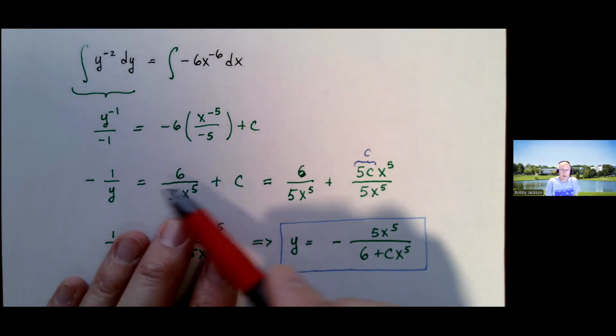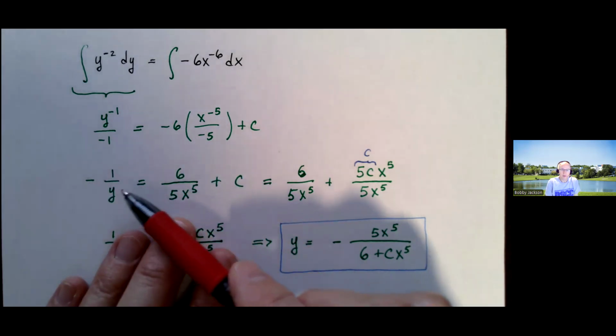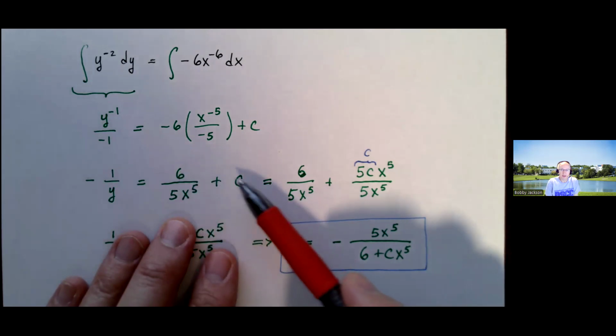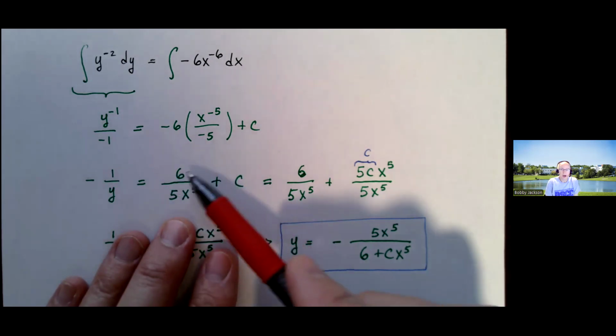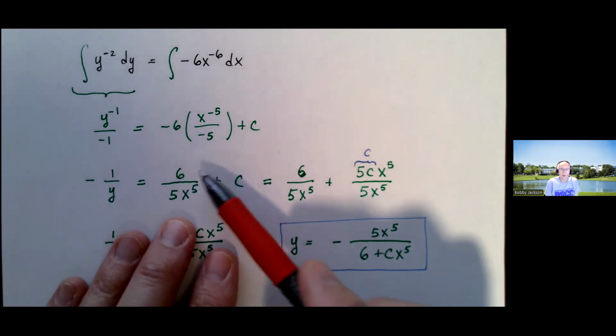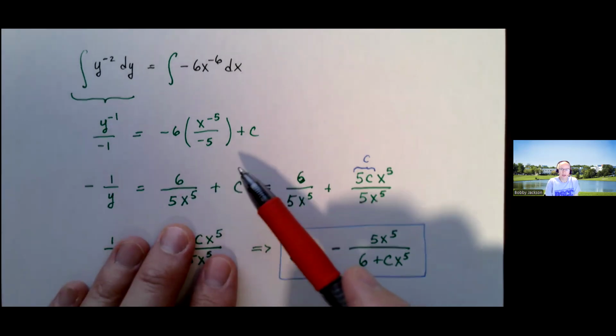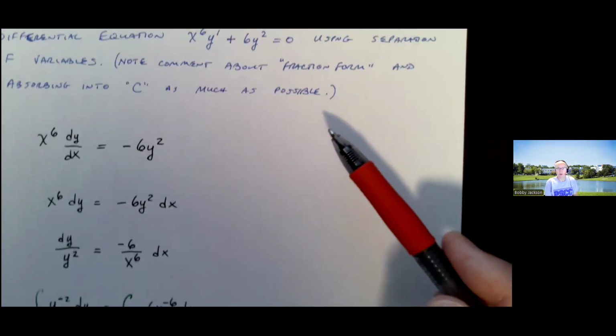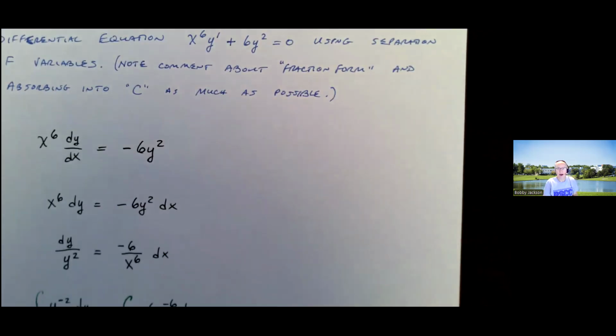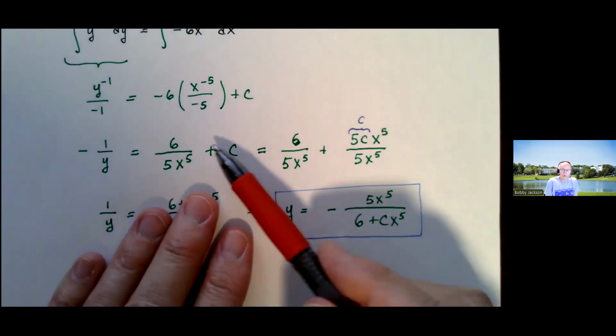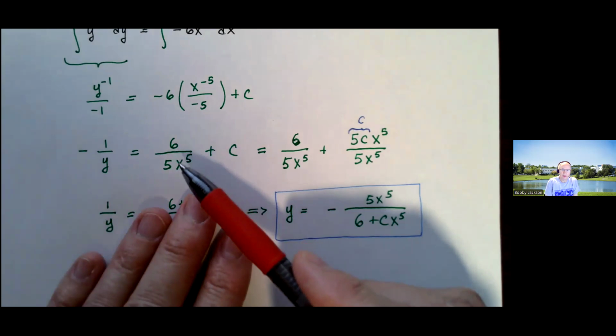Don't forget that negative 1 over y equals this stuff plus the C, right? This is all on this side of the equation, and so we would invert this whole thing. It's much better because they want it in fraction form. And by that, they don't want a compound fraction. So I'm going to write this as one fraction by simply adding.